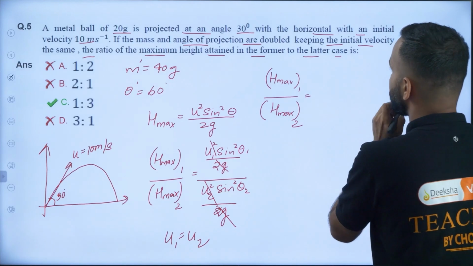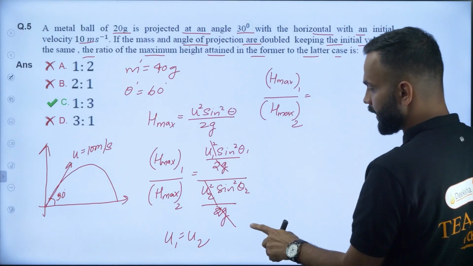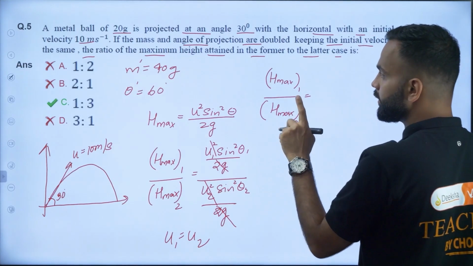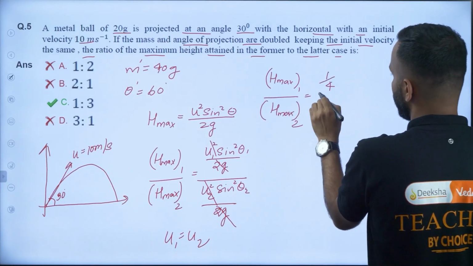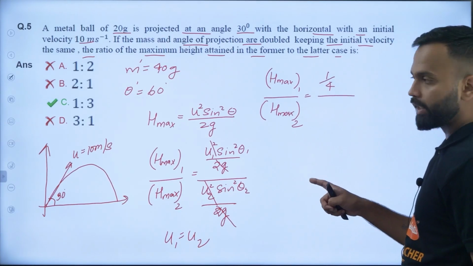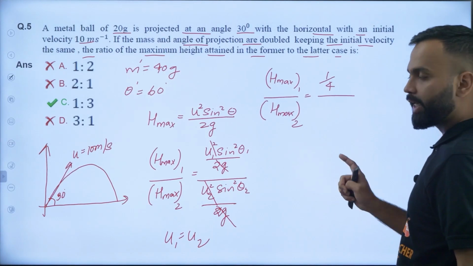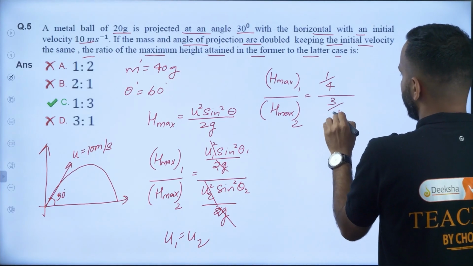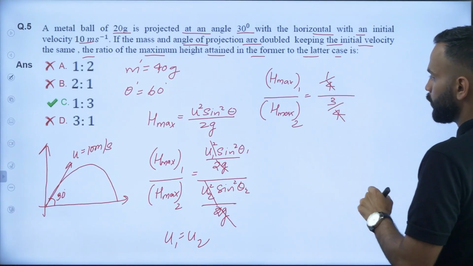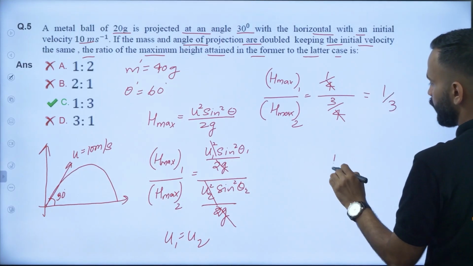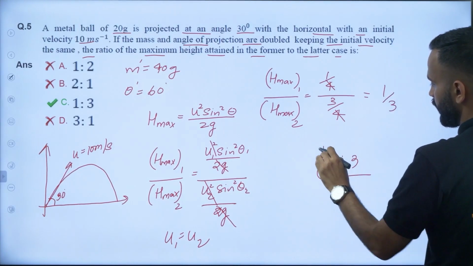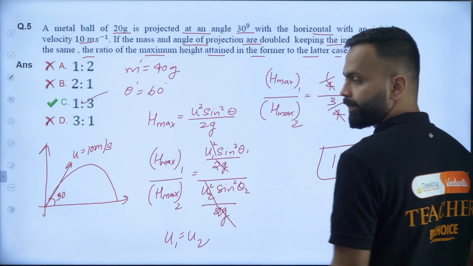Sine square 30 degree is 1 by 4, whole divided by sine square 60 degree, which is 3 by 4. Now 1 by 4 will get cancelled, so 1 by 3, right? So the ratio will be 1 by 3 or 1:3. The correct option is C.